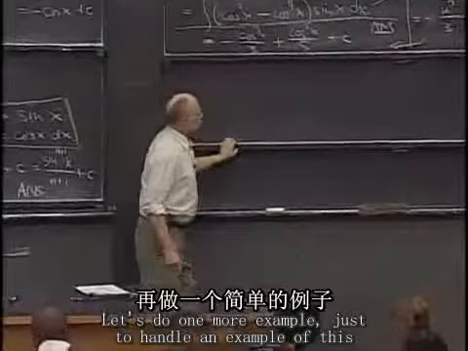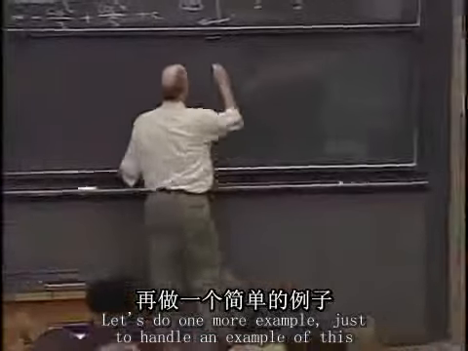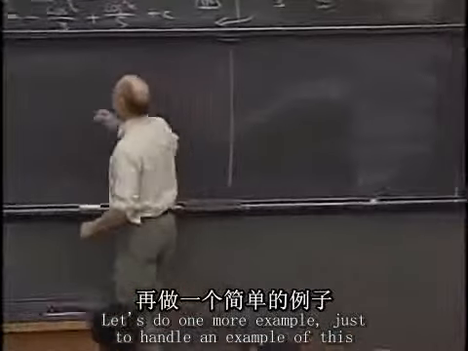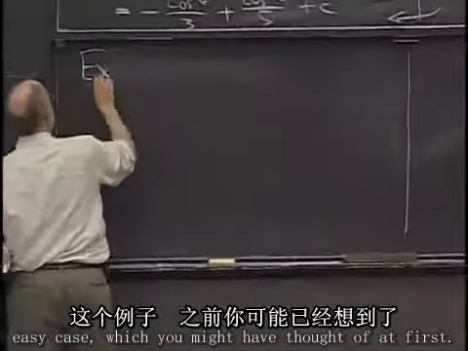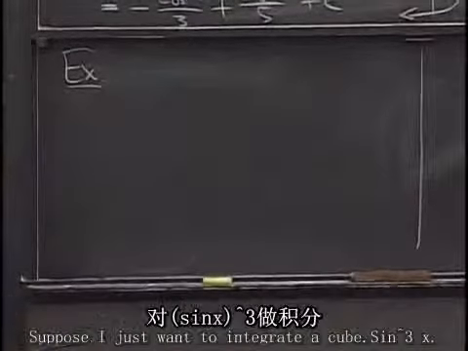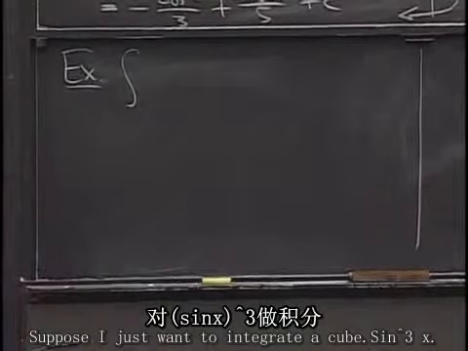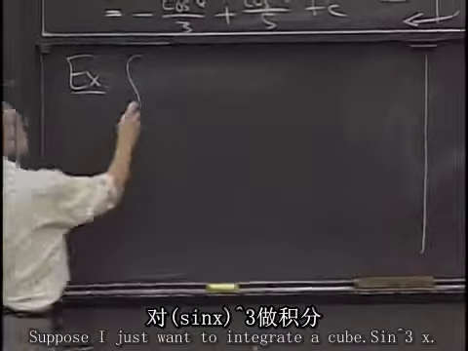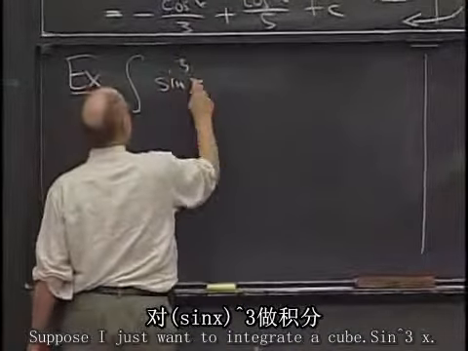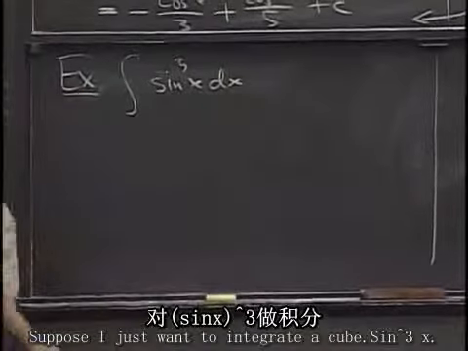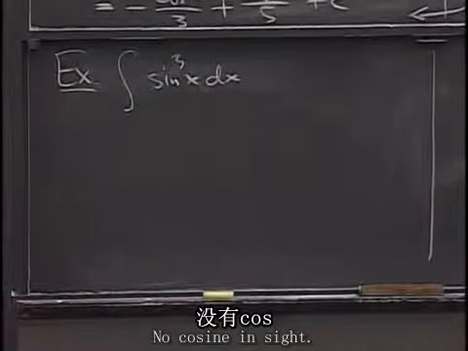Let's do one more example just to handle an example of this easy case, which you might not have thought of at first. Suppose I just want to integrate sine cubed of x. No cosine in sight.